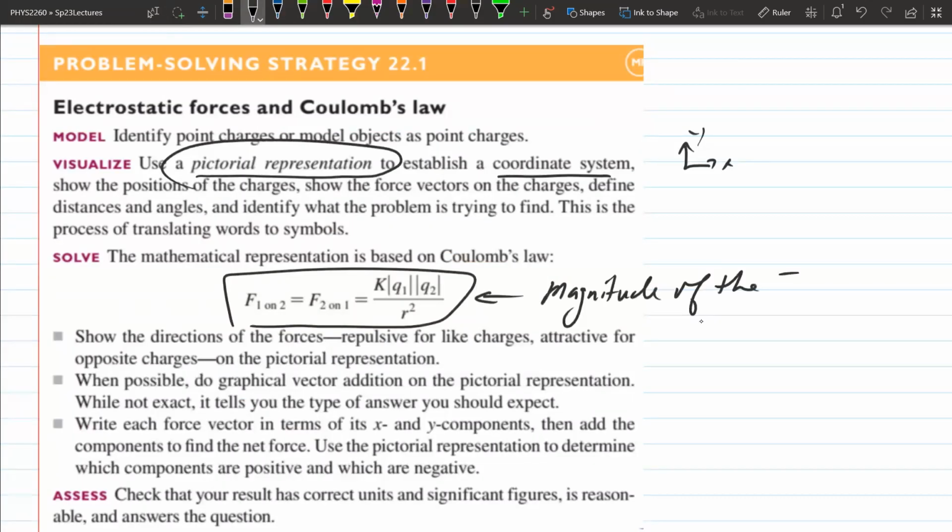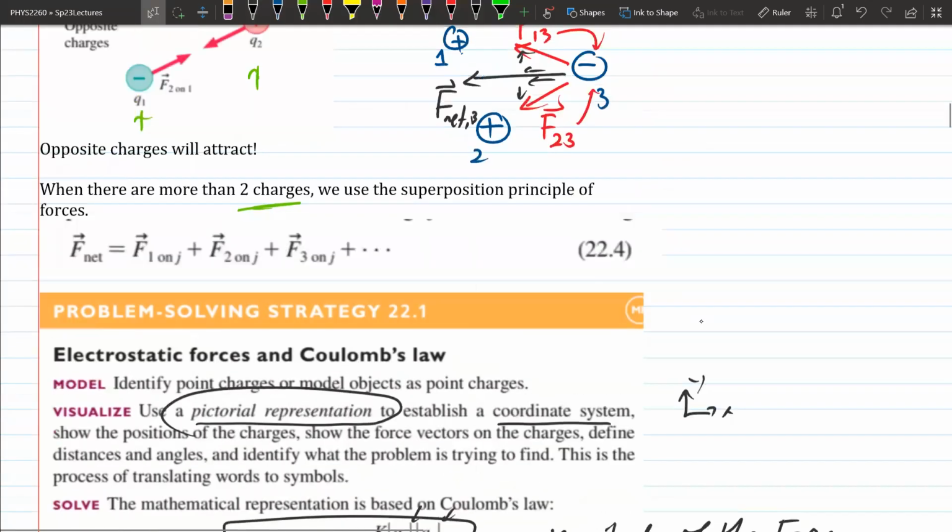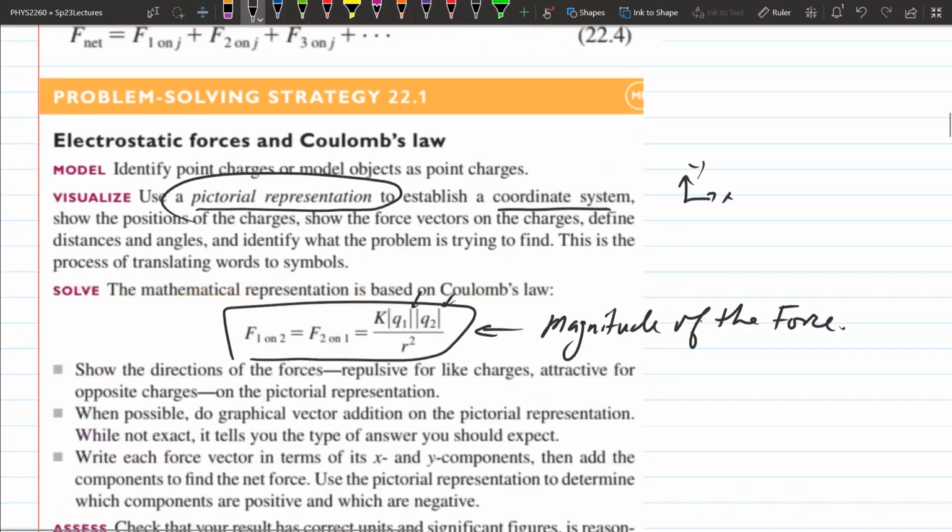Notice that these little bars are absolute value signs. It doesn't actually care what the sign of the charge is. It gives you the magnitude, but from the drawing up here, you want to figure out what the direction is. You don't want to figure it out with some complicated equation. A drawing is much easier to understand than the long sets of vector equations. So make sure you're figuring out the direction with the drawing, okay?